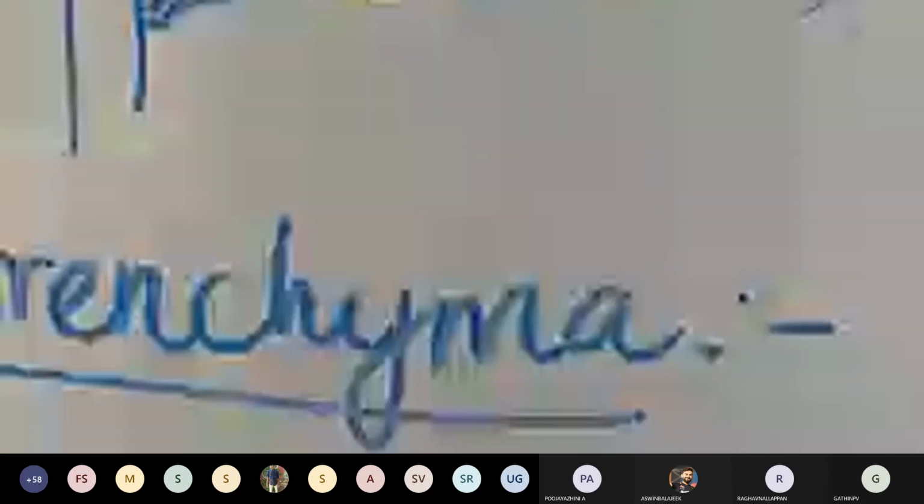Sclerenchyma cells are dead cells. Important 1 mark question. They are present in the bark of the plant, and the husk of the coconut. You see the coconut shell, inside is the kernel, outside is the fiber.